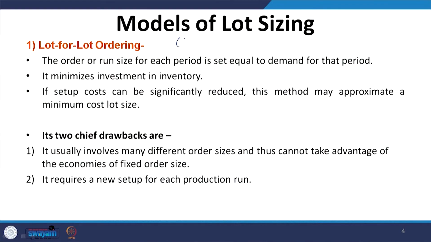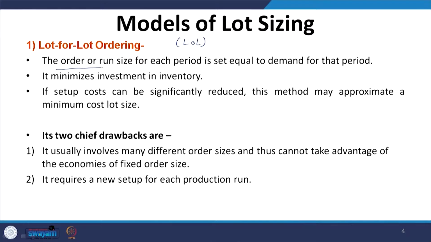One simple type of lot sizing model is known as LFL, lot for lot. Now, in this case, if you remember the example where we had quantities like 100 in one week, 150 in another week, and we ordered 100 in that week and 150 in the next week.